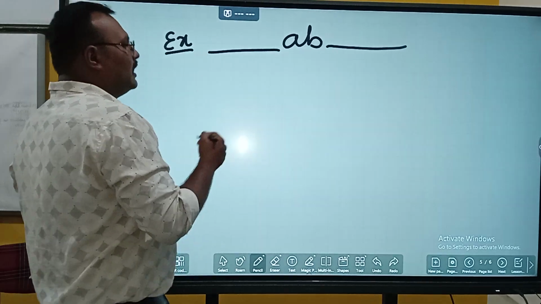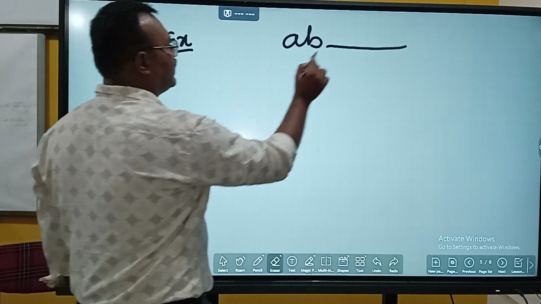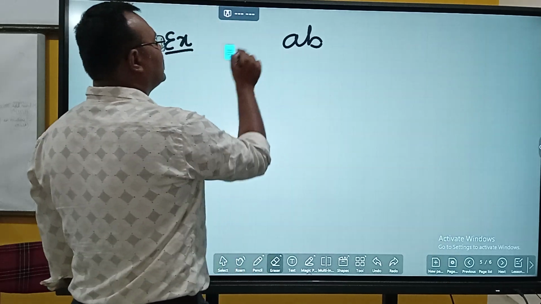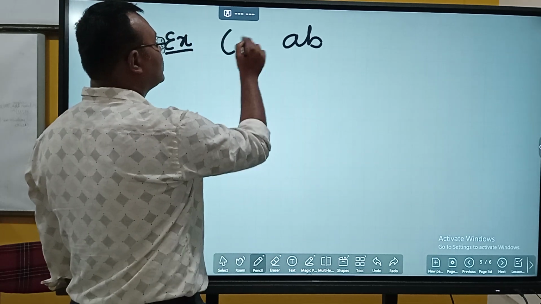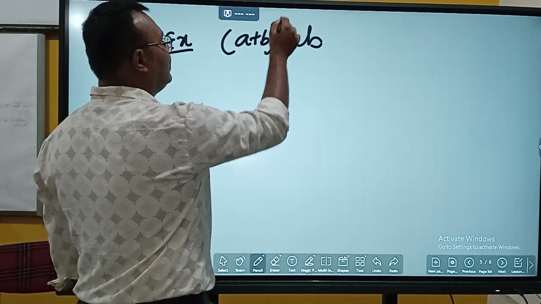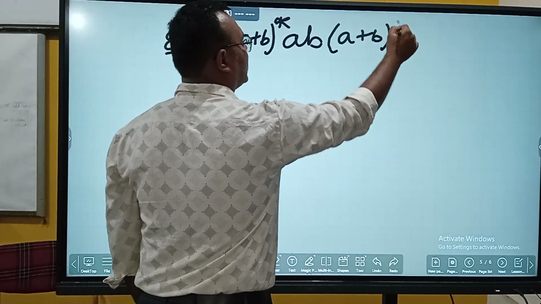So with respect to its regular expression, how can I write it? I can write it like this: (A plus B) whole star, AB, (A plus B) whole star.